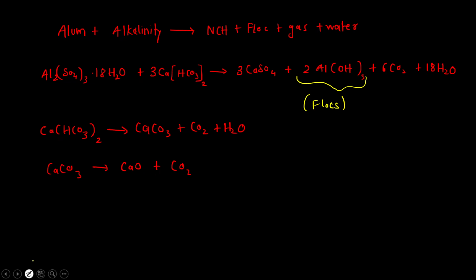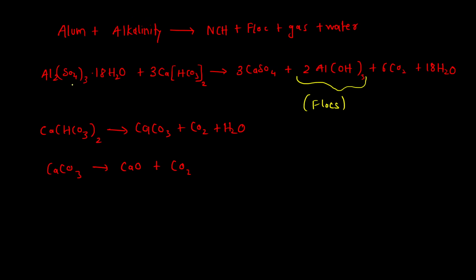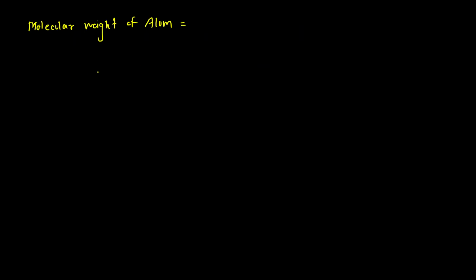Now talking about the molecular weight. The molecular weight of alum, if you calculate, will be 666.